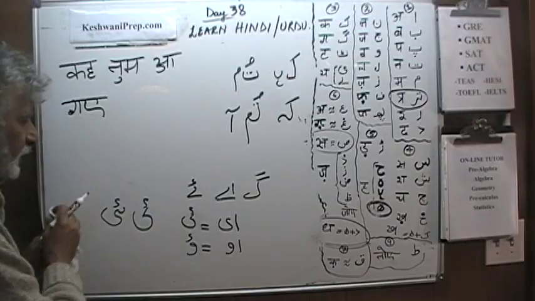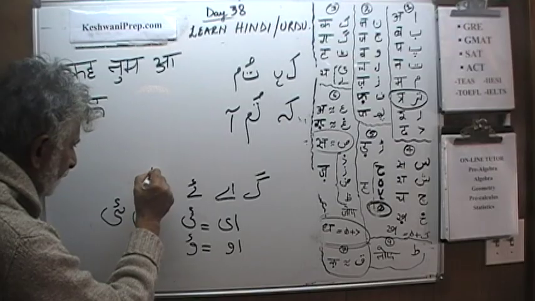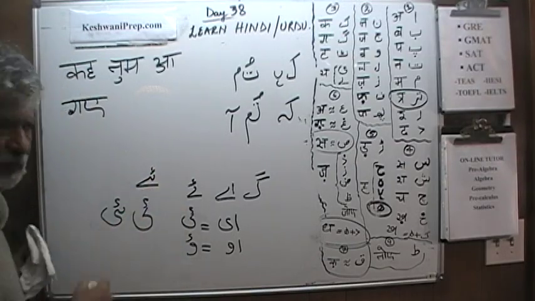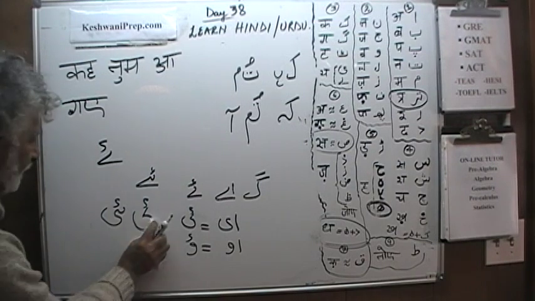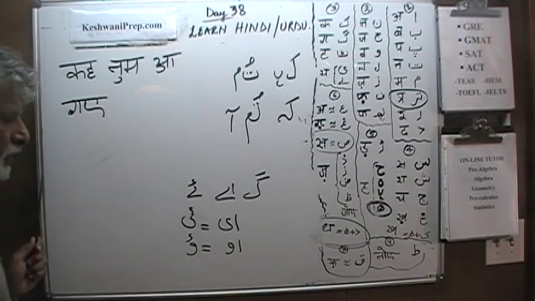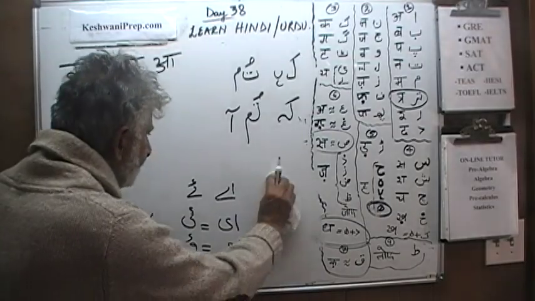Again, strictly speaking, there should have been a loop here for Hamza to sit in, and then a ye, but most people don't do it. Most people just do it like this. That reads A. Let's write the Hindi equivalent of these next to each other. So this is A, which is right here.